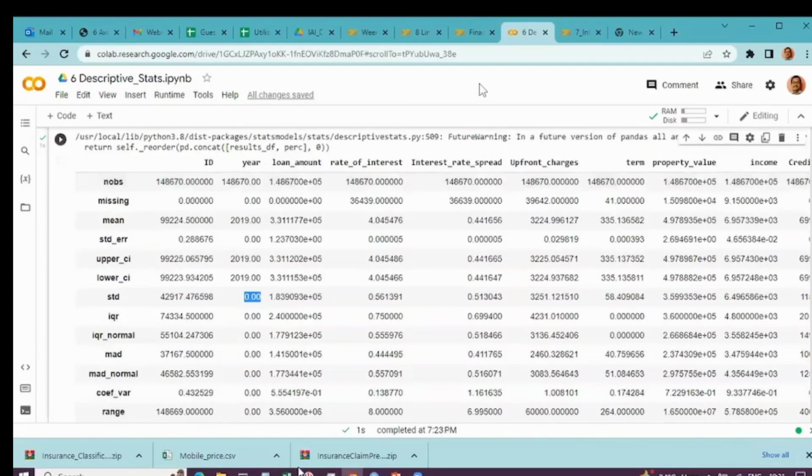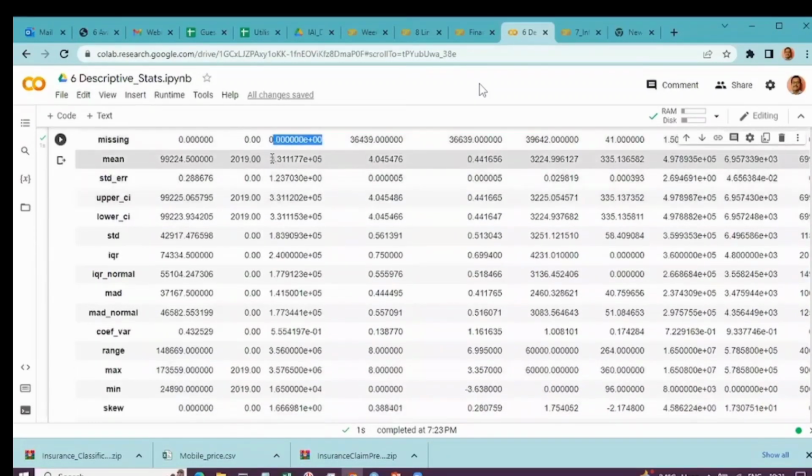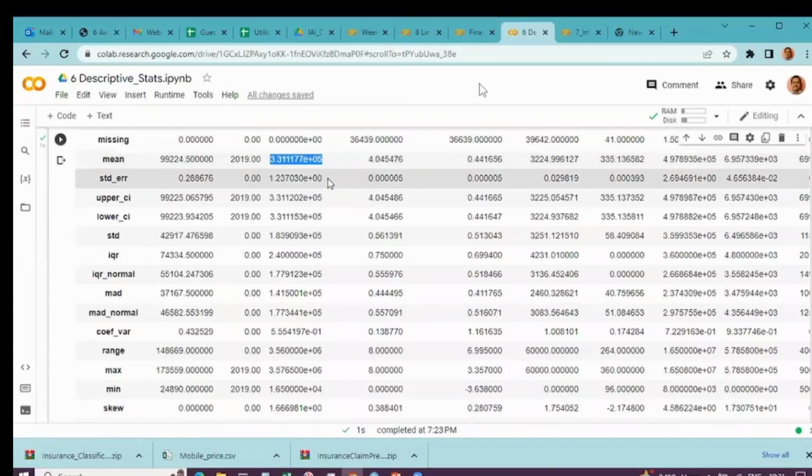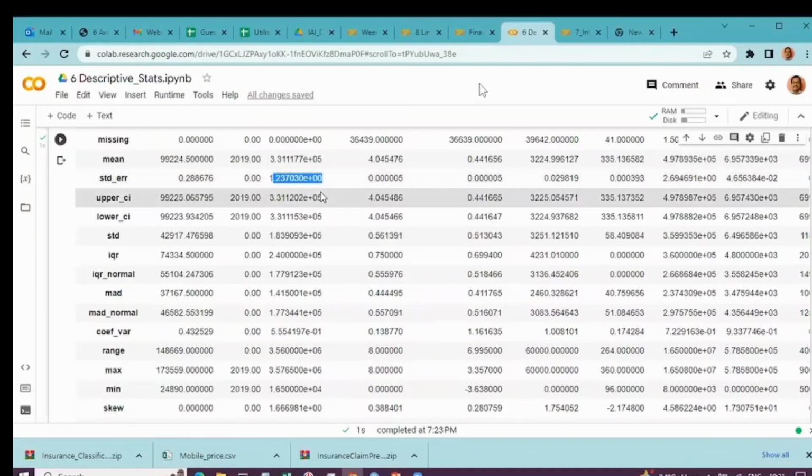So yeah, third one, the loan amount. Number of observations are fine. No missing observation in case of loan amount. The mean value is something. The standard error is this much. Now, the standard error is actually something that is helping you more in the inferential statistics, not here.